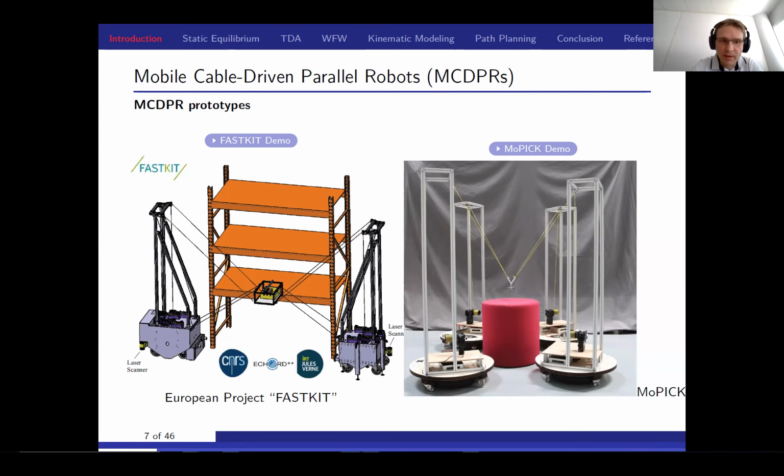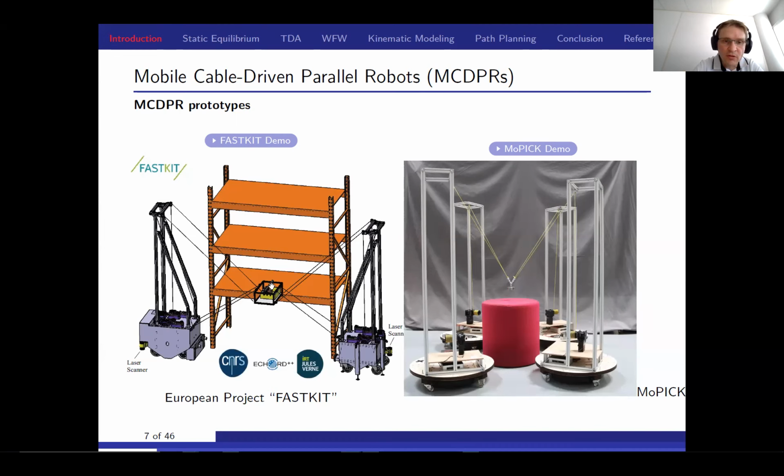With those mobile bases, at least if we have omnidirectional wheels, I think this would be a very good idea. But I think we should first play with the actuators of the CDPR itself in order to attenuate as much as possible those oscillations of the moving platform.